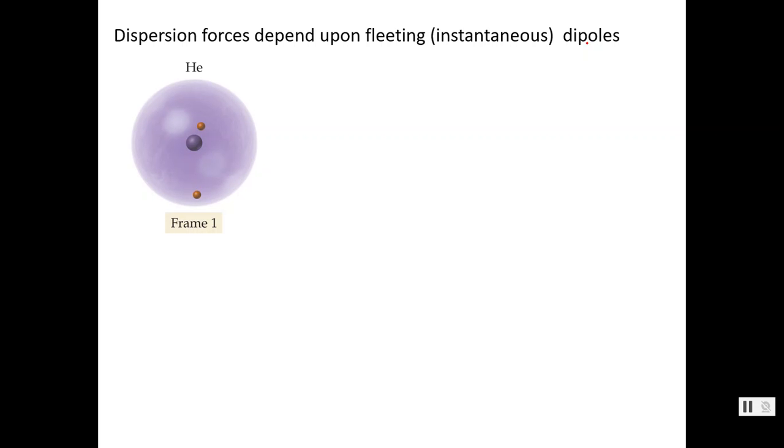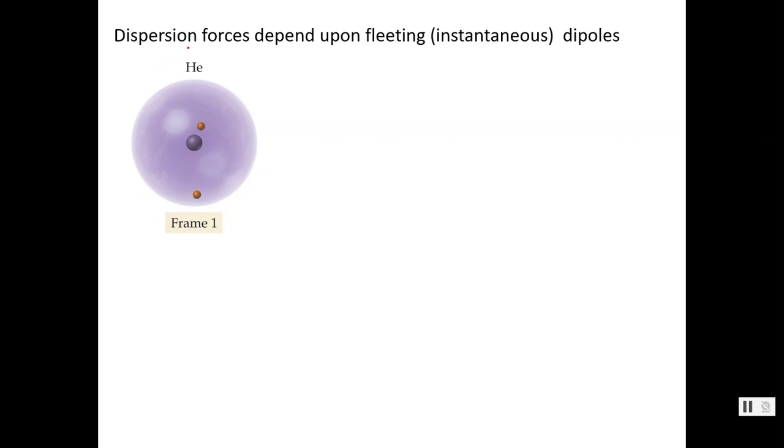How are we going to determine if a dispersion force is present? Let's use helium as an example. You don't tend to think of helium as something that's polar, and it's not, but how can we use this concept of fleeting or instantaneous dipoles to explain dispersion forces? Let's say I have a super duper high powered camera, and I am able to very quickly take a picture of a helium atom at different time frames.